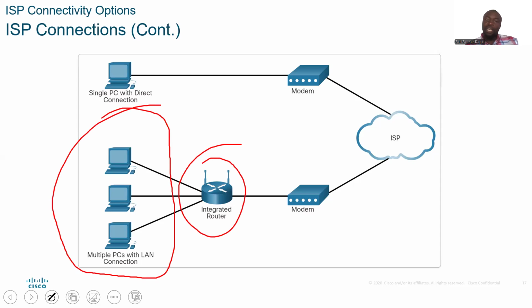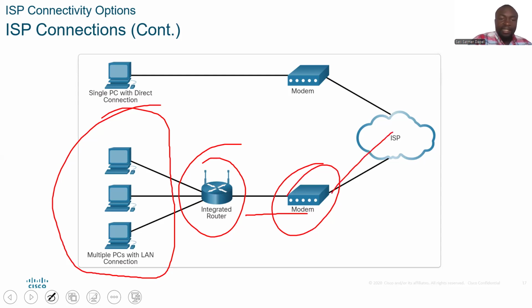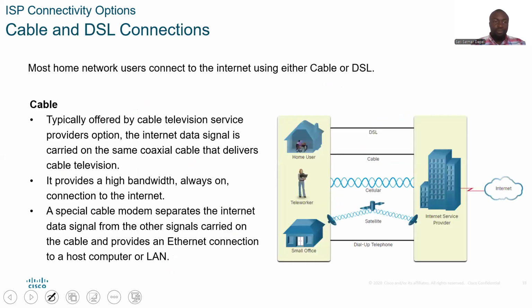So let's call it maybe an MTN SIM router or Airtel or Glo, or maybe any router. That particular router is connected to what we call a modem, and that is the guy that leads you to the internet. All right, so the concept is very, very simple.